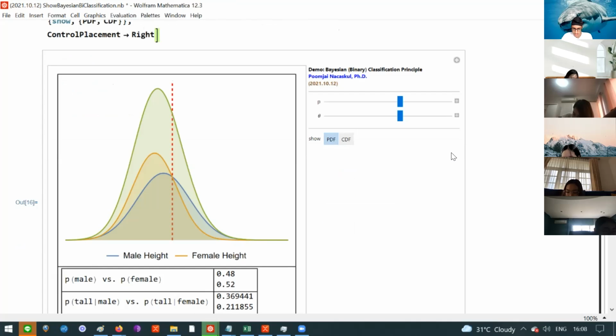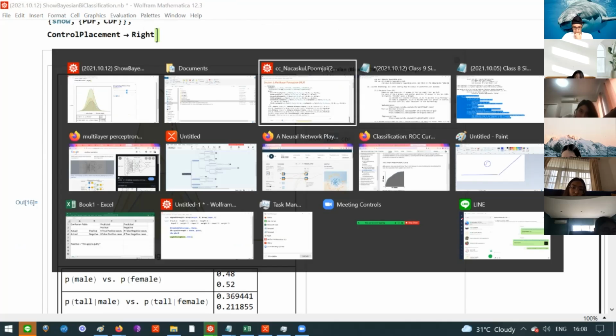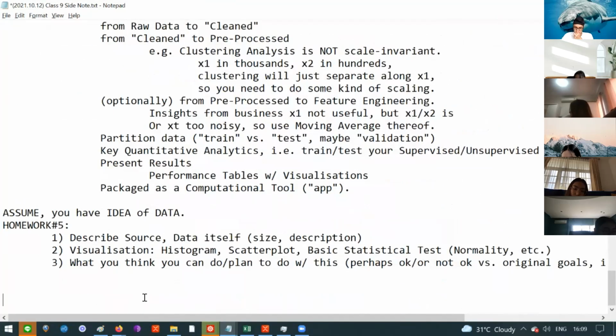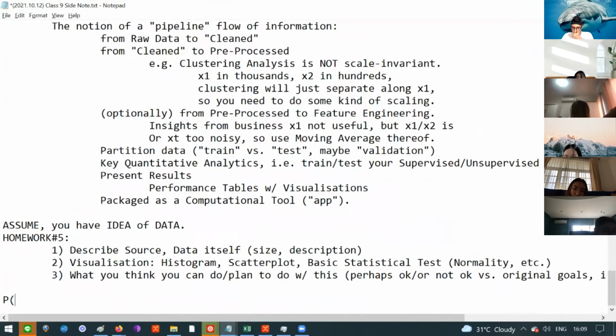Instead of asking what's the probability of male given wearing trousers, we have this: probability male given trouser. I'm going to change it into height taller than the red line.